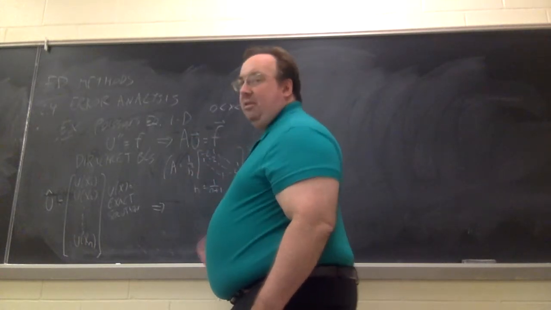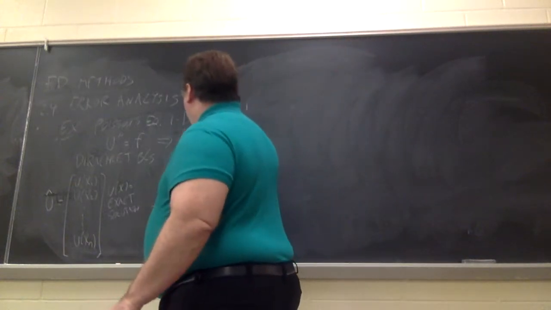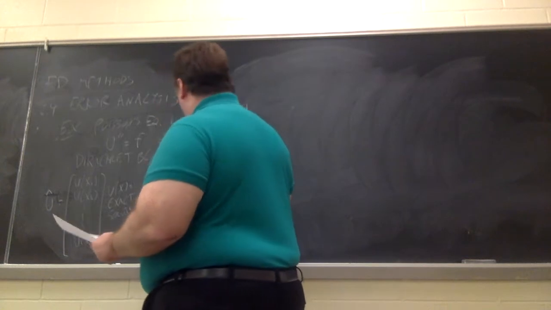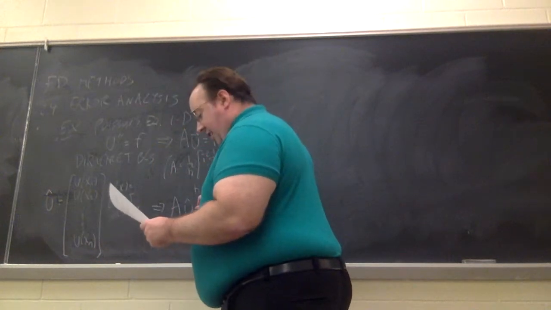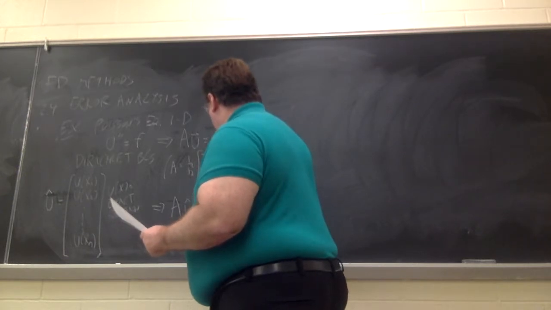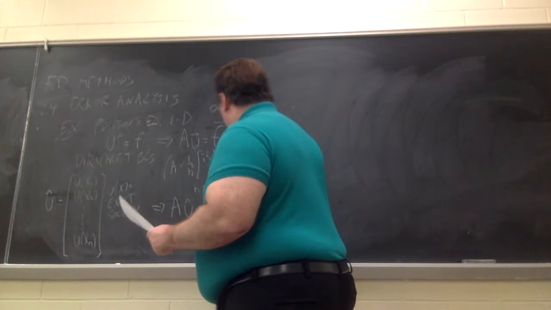There's going to be some error left over. So what we can say is that A times U hat, we'd like for it to be equal to F, but it's not. It's equal to F plus some error vector that I'll call tau.